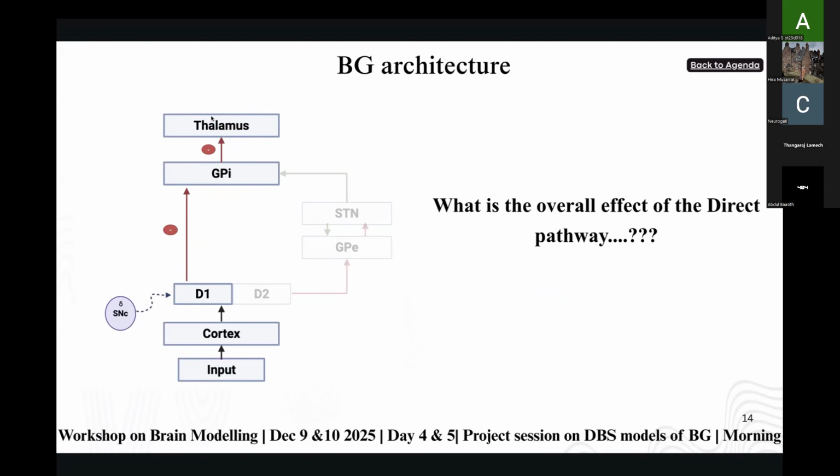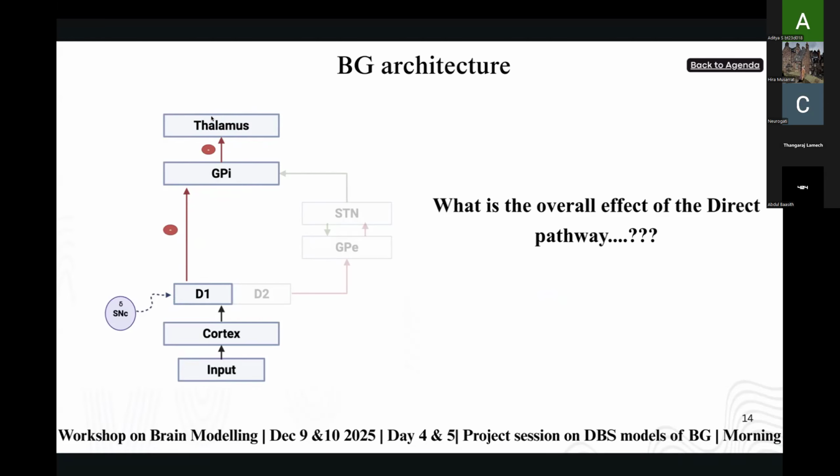Then I have a positive here, positive times positive is positive, and positive times a negative is negative. So it becomes inhibitory. That's how you can look at it at the circuit level if you want to do it mathematically. So the overall effect of the indirect pathway is inhibitory, which means it will stop movements. If I don't want to make an unwanted movement, it stops me from making it. That is the reason we call them the go pathway and the no-go pathway.